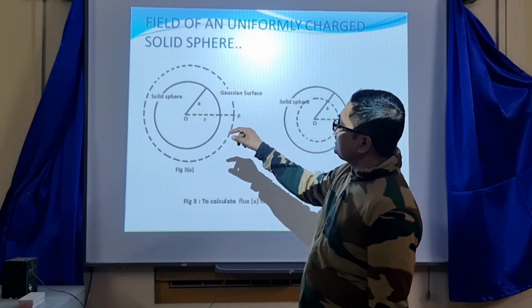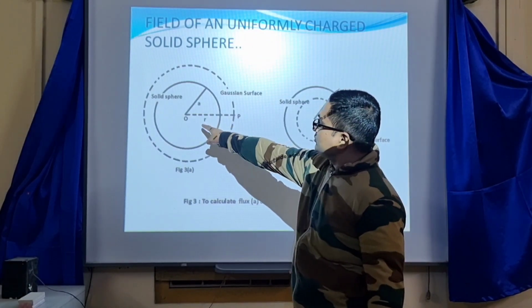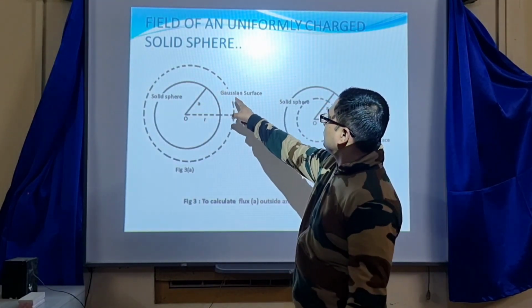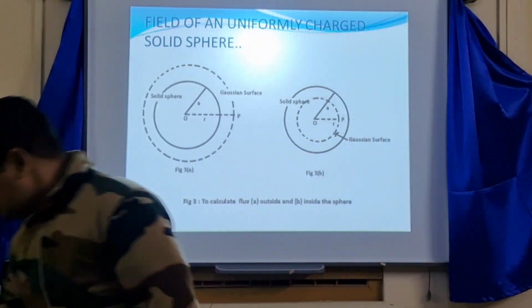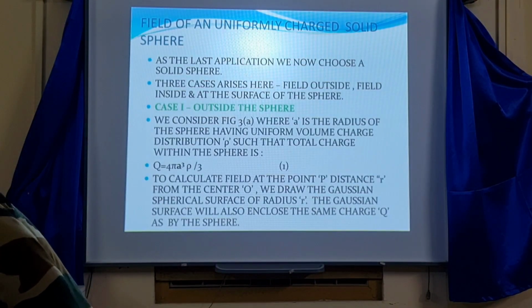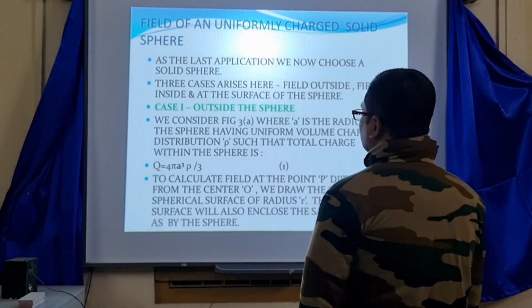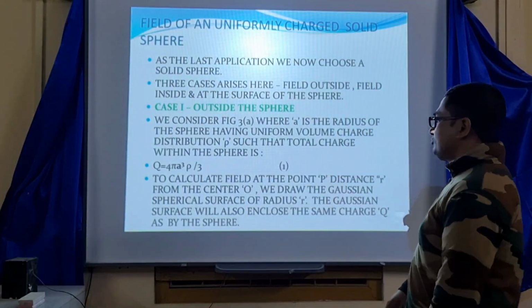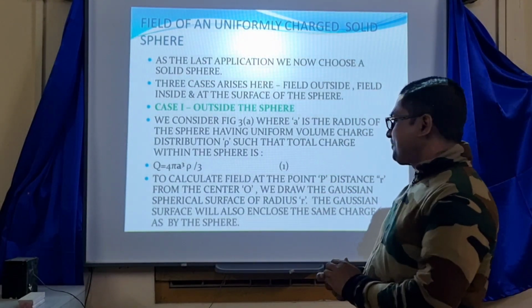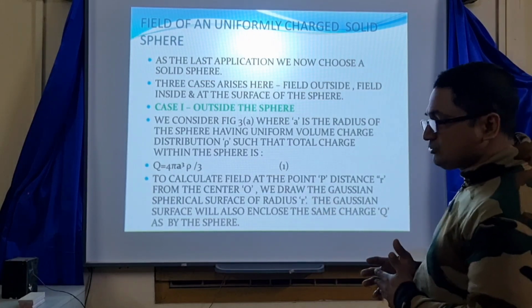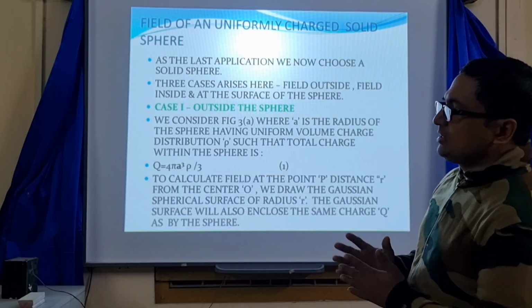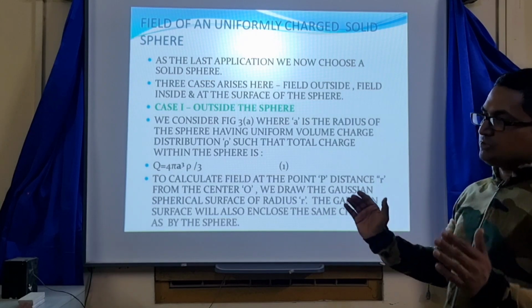The same charge is also enclosed by this Gaussian surface. That's why we take Q equal to 4 pi a cubed rho by 3, given by equation 1. And as in the earlier cases, here also we draw the Gaussian surface.